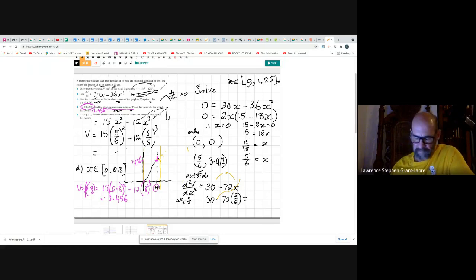And what do we got? 30 minus 72 times 5 divided by 6. Negative 30. We get a negative, which means it's concave down.